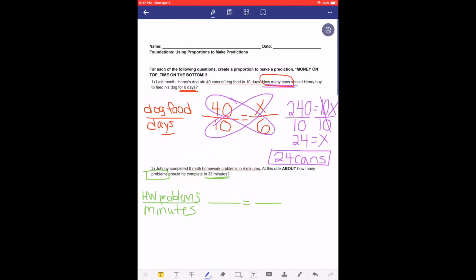They tell me first 9 math homework problems in 4 minutes. So homework problems was in the numerator, so that was the 9 math homework problems. And 4 minutes, minutes is in the denominator. Then it says at about this rate, about how many problems should he complete in 33 minutes. So I don't know how many problems, so I'll make that X. And 33 minutes, I know minutes went in my denominator, so 33 goes in my denominator.